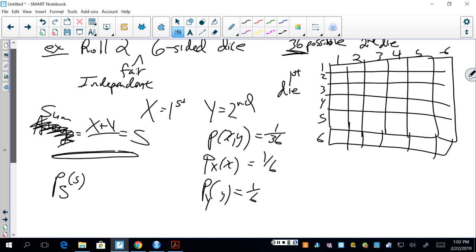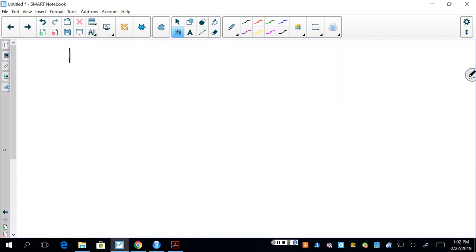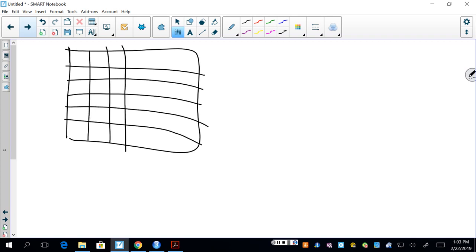Right? So in this example, I'll do my square a little bit bigger: 1, 2, 3, 4, 5 lines and 1, 2, 3, 4, 5 lines, and the numbers 1 through 6, and the numbers 1 through 6.